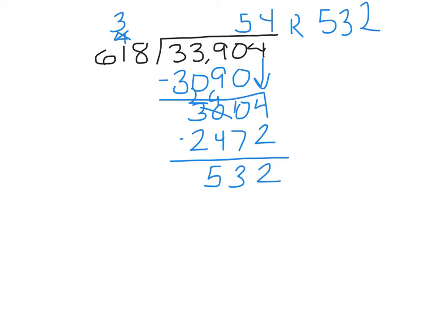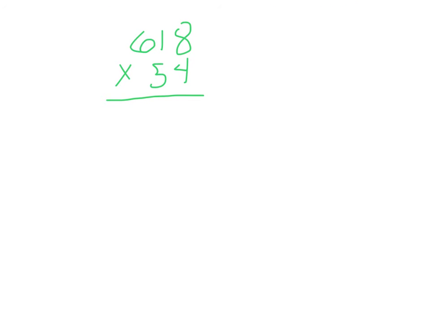Now we're going to check this by multiplying our quotient times the divisor, and then we have to add in our remainder. Okay, now I'm ready to multiply to check my answer. 4 times 8 is 32. Carry my 3. 4 times 1 is 4, plus 3 is 7. 4 times 6 is 24.